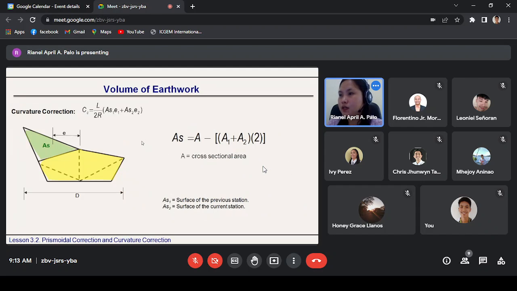Okay. So AS2, remember, is different from the cross-sectional area. AS2 is the surface of the station. To determine the surface of the station, remember that in the cross-section notes or level notes we have the data of X and Y, or the horizontal and vertical distance at the center line.